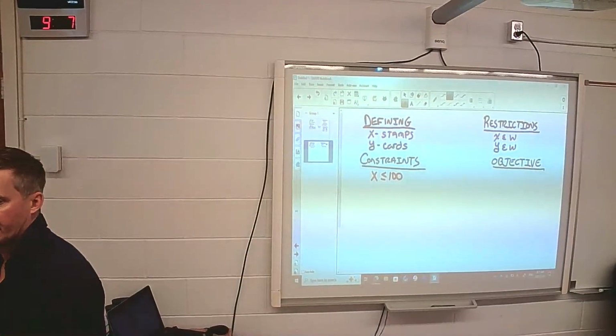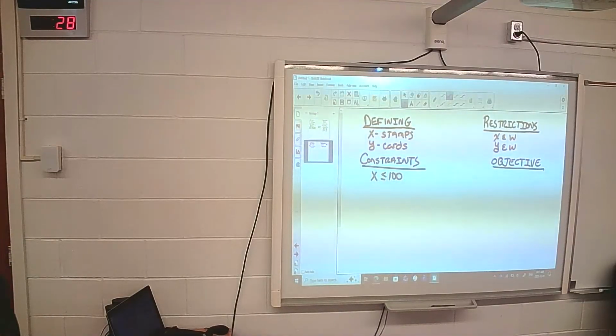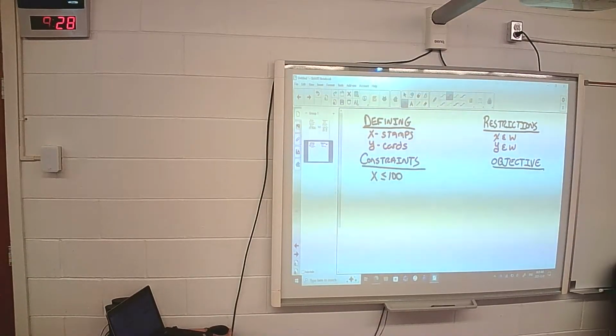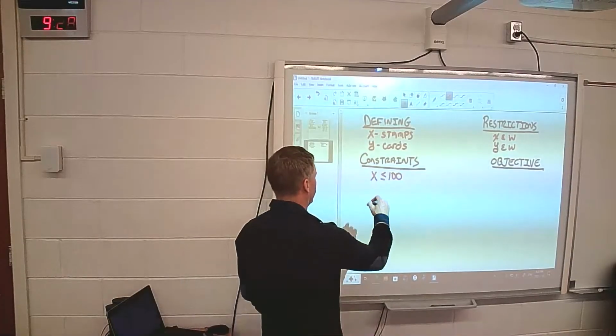Write out the baseball cards. What is the baseball card inequality? Y is less than or equal to 75.